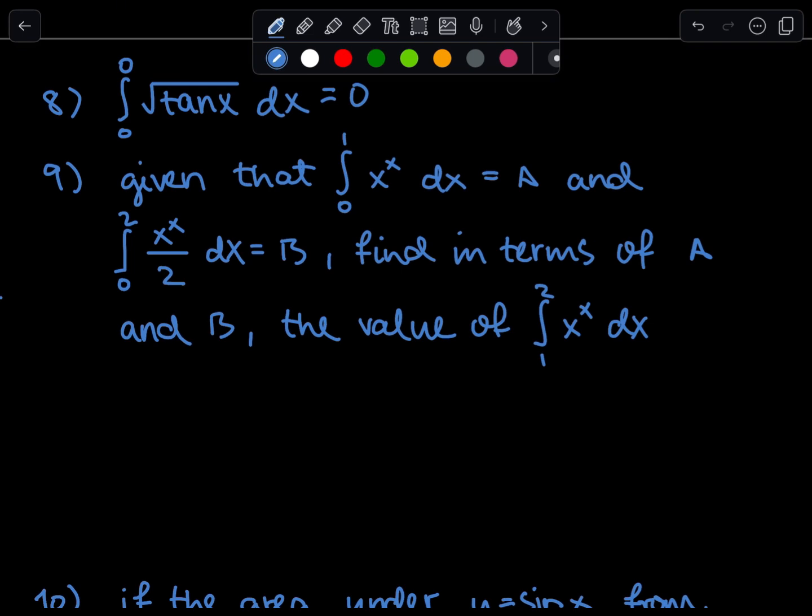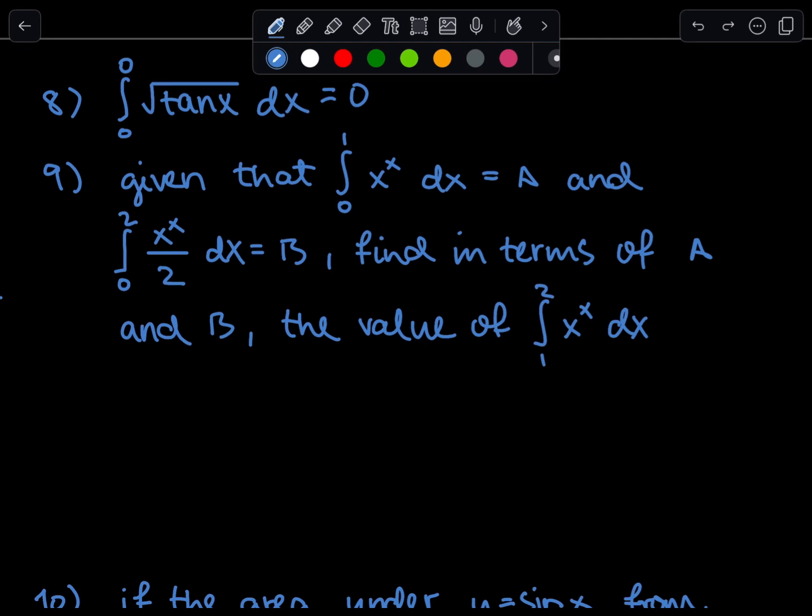Okay, so this is just working with boundaries pretty much, right? Because all of these inside functions are basically the same. We just have a factor of 1/2 in this one, which we can even pull outside of the integral since it's a constant. And we just have different boundaries, right?